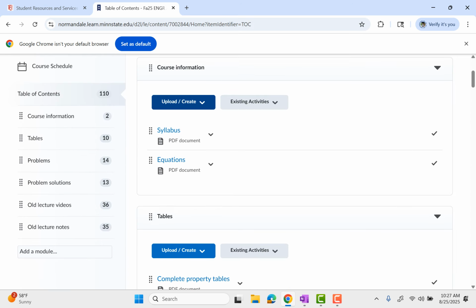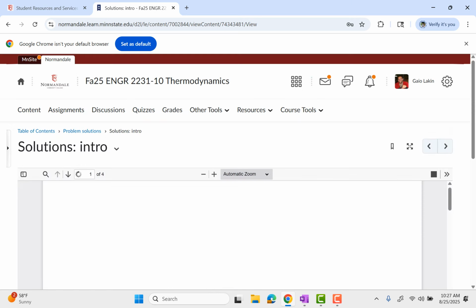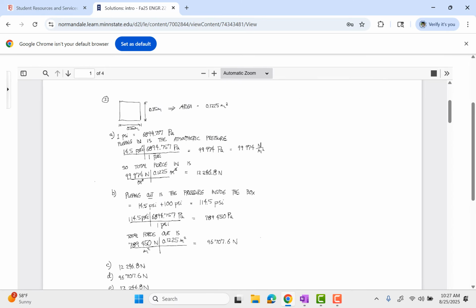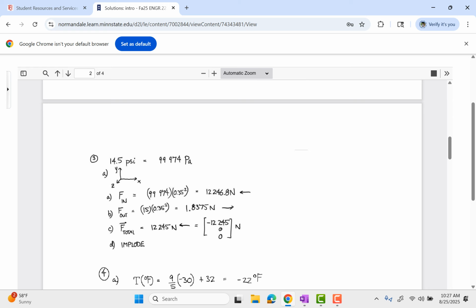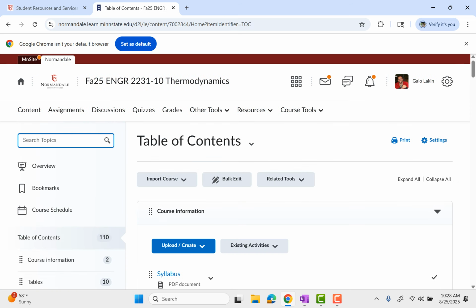Once you finish going through the problems, or if you get stuck on one of them, you can go to the solutions. I have solutions available for 1, 2, and 3. But it's important that you don't open the solutions as you're working through the problems.